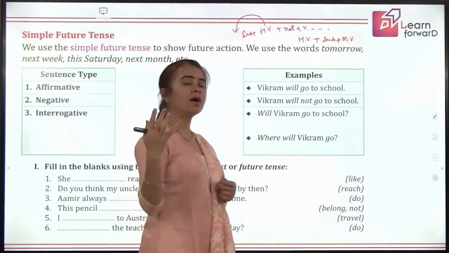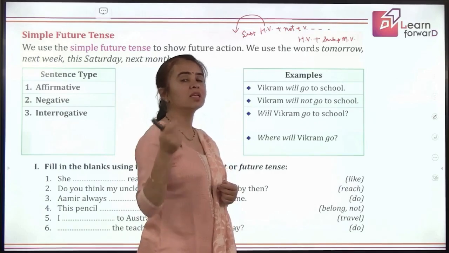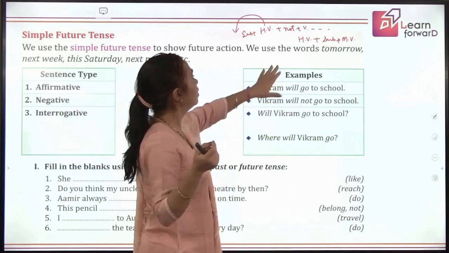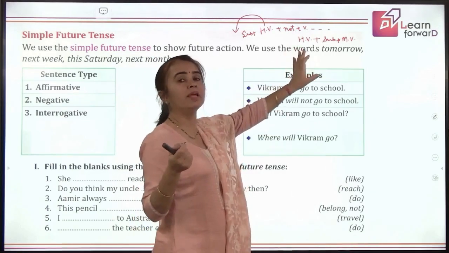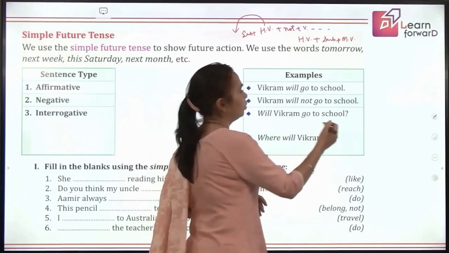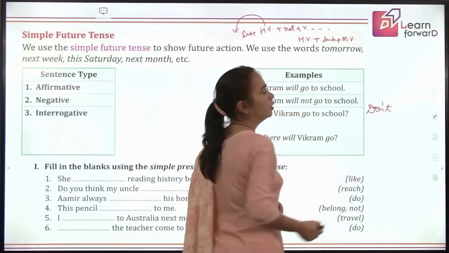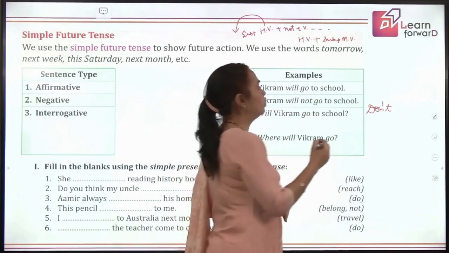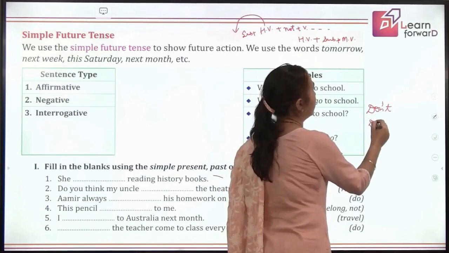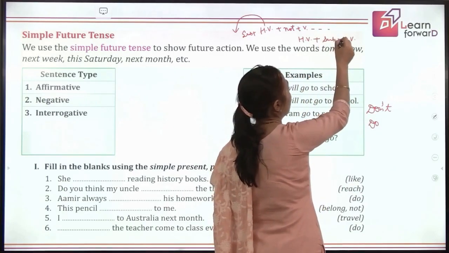So when you are talking about a negative sentence, either you take not with the helping verb in its contraction, like do not, don't, right? Or if you are using do here, not will come after the subject.